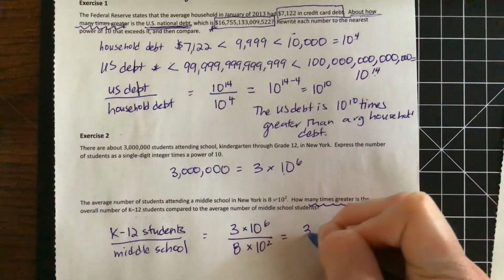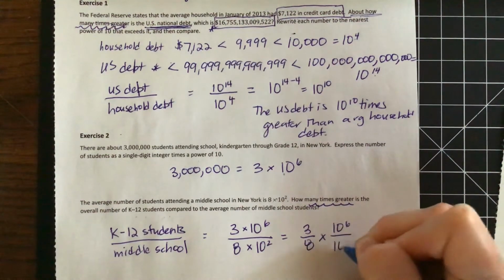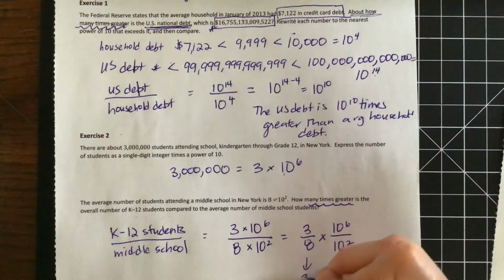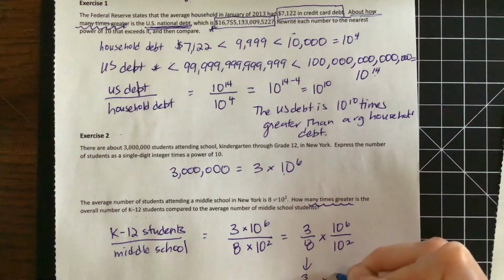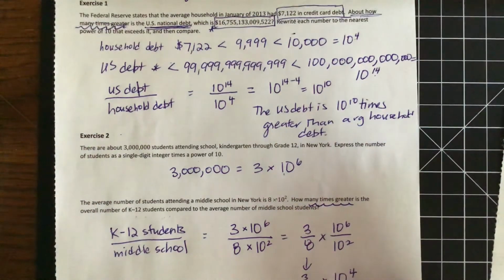So we're going to get 3/8 times 10 to the 6th over 10 to the 2nd, which is still 3/8, right? Times 10 to the 6 minus 2, which is 4. And 3/8 is equal to 3 divided by 8, which is 0.375 times 10 to the 4th.